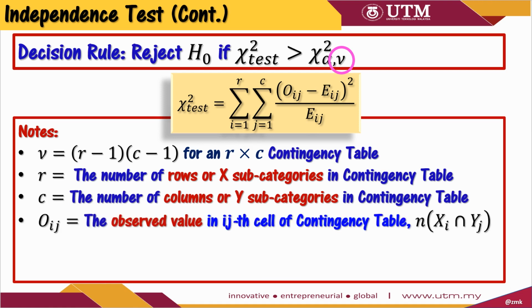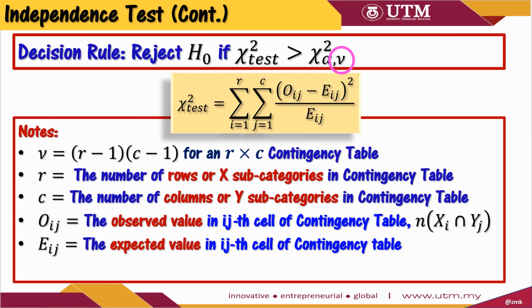Oij is the observed value or actual frequency in the ijth cell of a contingency table. Oij can also be denoted as n(xi intersect yj), which represents the number of subjects which have both xi and yj characters at the same time.